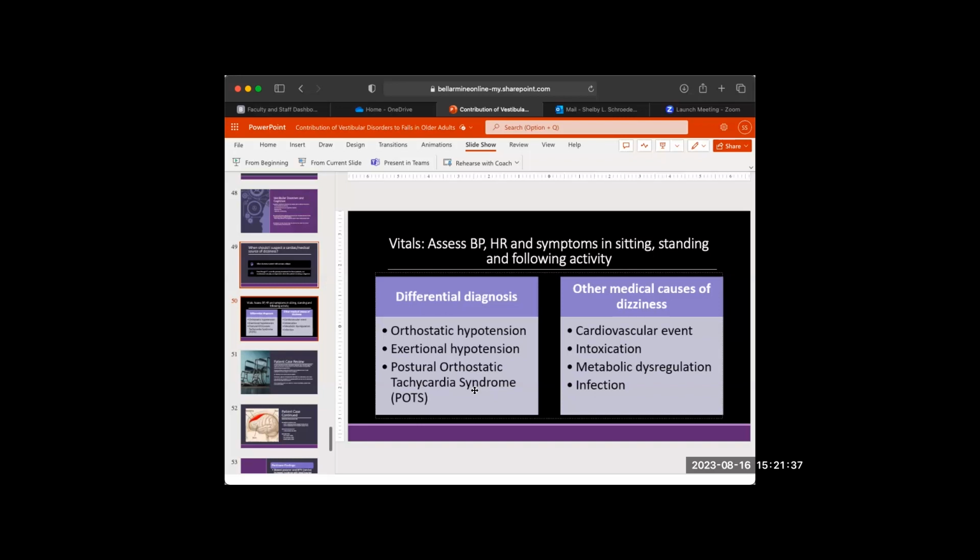It doesn't necessarily happen just when you stand up. And then some people have POTS, or postural orthostatic tachycardia syndrome, where their heart rate gets really high just when they stand and move. And that might cause them a lot of dizziness. And some other causes of dizziness are listed on the right.